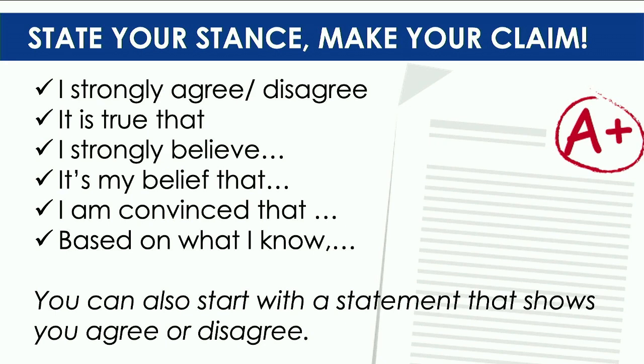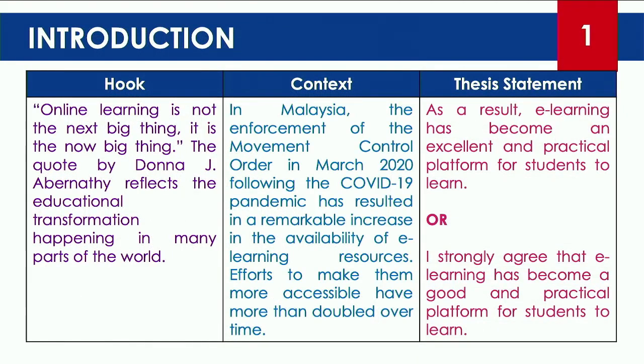You can also say, it's my belief that e-learning, and I am convinced that e-learning is good and practical. Or you can also say, based on what I know, e-learning is good and practical for students to learn. What if you don't want to use I in your argumentative? You can do that. You can start with a statement that shows you agree or disagree without using I. How do you go about doing that?